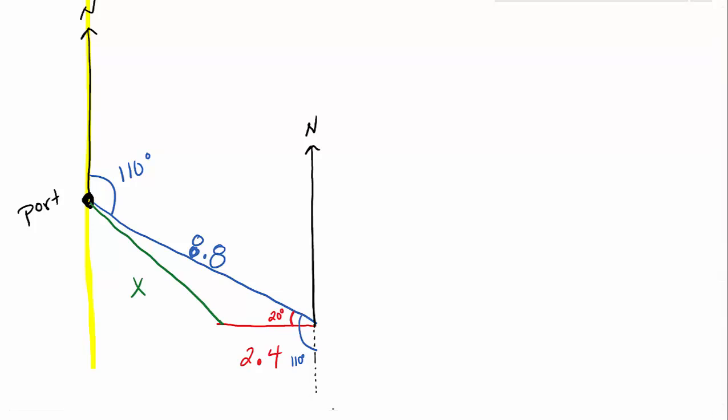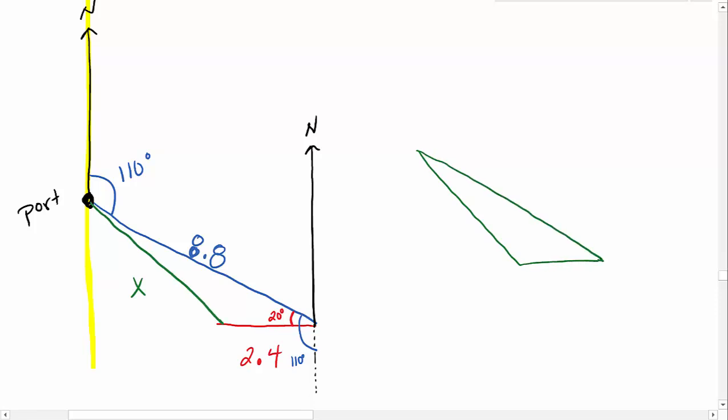And now we have enough information that we can use the law of cosines to find our side x. I think I'm going to draw a breakout triangle though. I always like to have something clean to look at to actually do the computations.